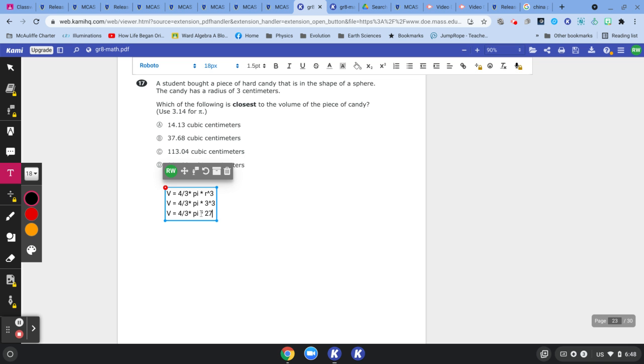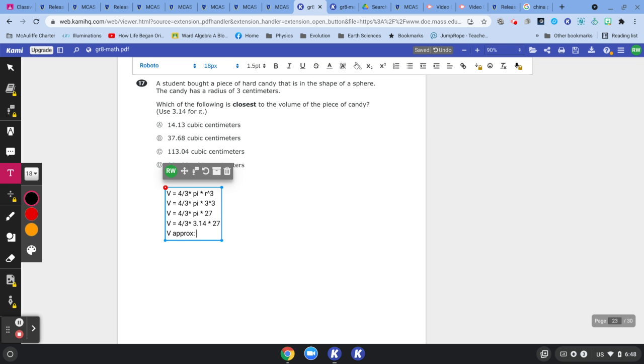Now, we've been told to use, and I'll just do that here, we've been told to use 3.14 for pi. And I'm going to do an estimate version. 3.14 is pretty close to 3. So I could do an estimate where the volume approximately is going to be 4/3 times 3 times 27.